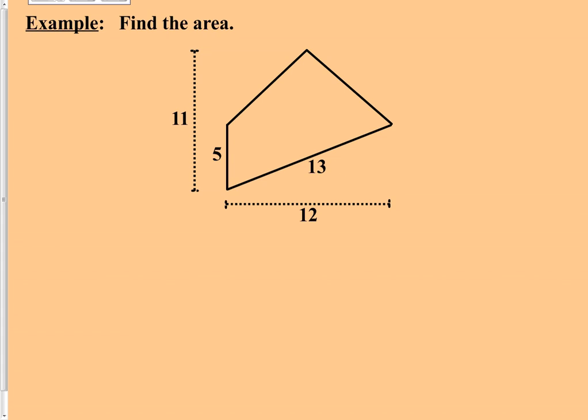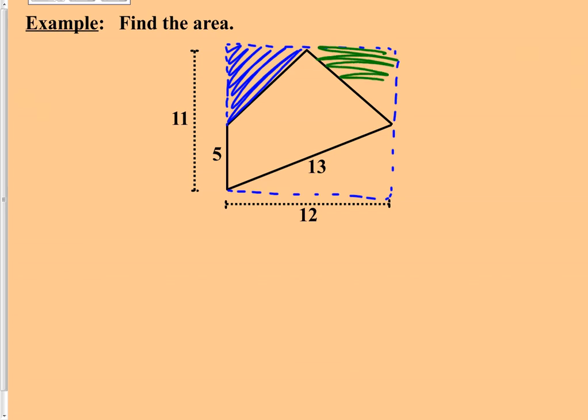Now, there are options. We could think of it as perhaps a large shape, like this square that I just drew in, that is missing this right triangle and this right triangle and this right triangle.